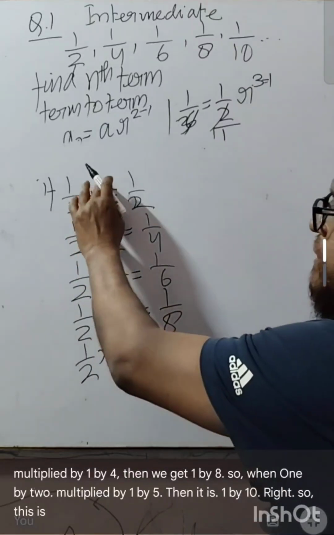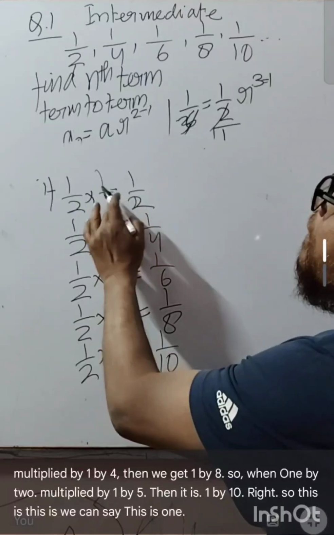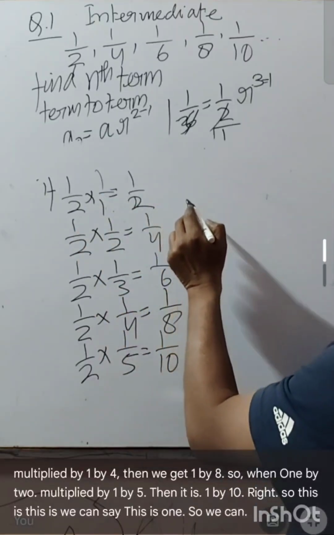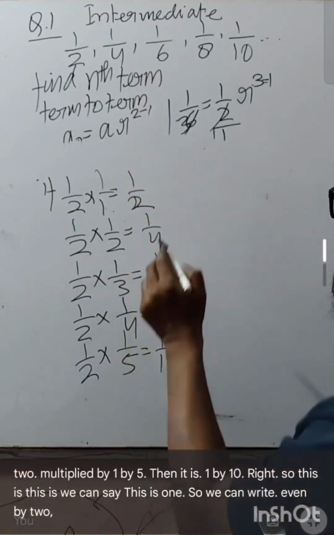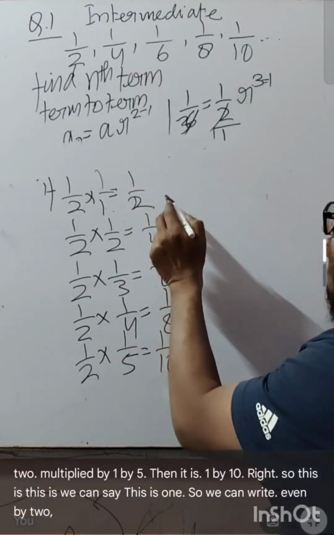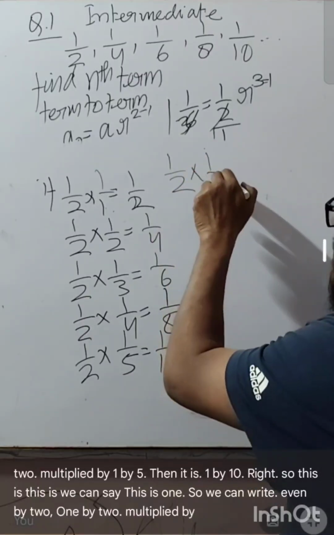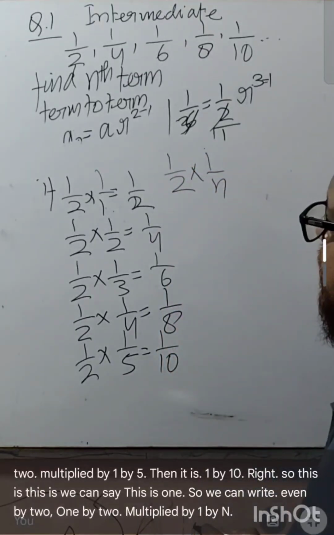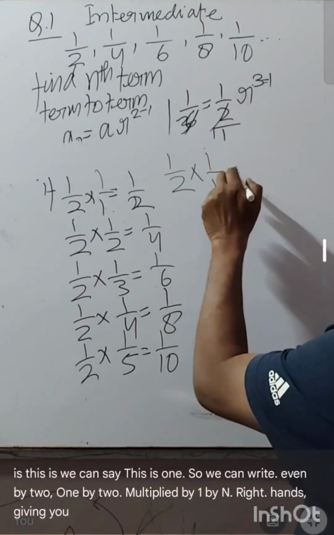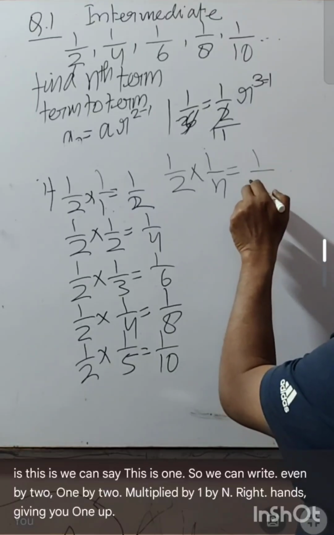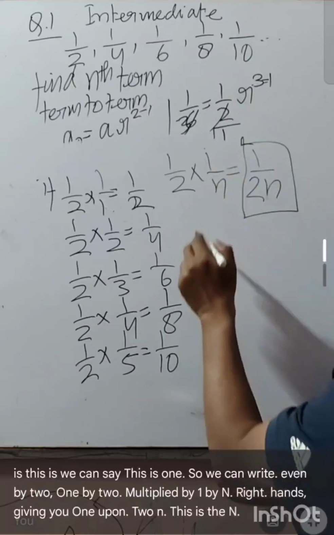So we can write 1 by 2 multiplied by 1 by n, right, is giving you 1 upon 2n. This is the nth term.